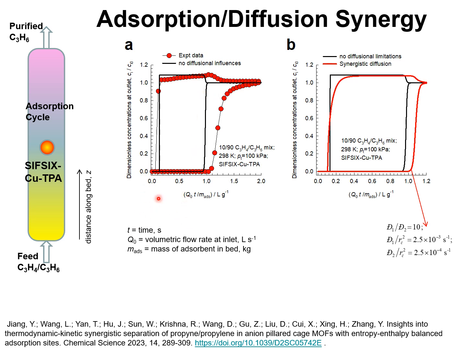We note that the experimental data on the transient breakthroughs show that the productivity of purified propene is larger in the experiments than anticipated by a model in which diffusional influences are considered to be of negligible importance.